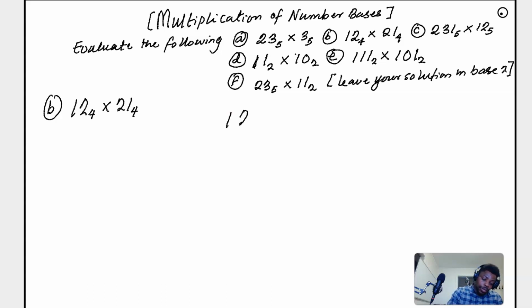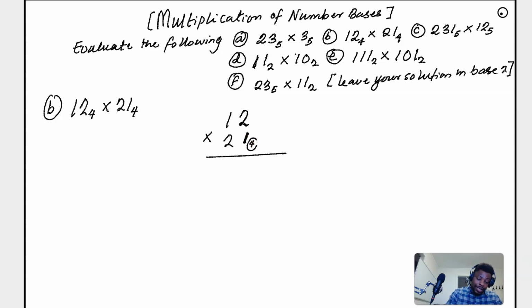So 12 times 21 in base 4. Remember, the most important thing is that if any number is equal or greater than the base, you have to divide. That is the main thing you have to remember. So 1 times 2, that is 2.